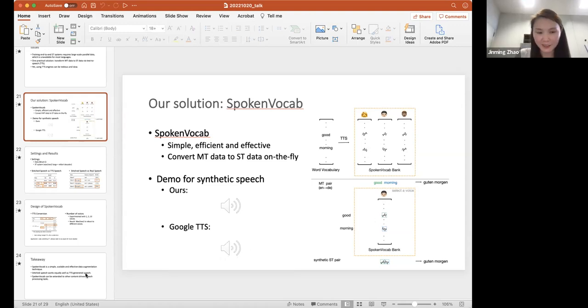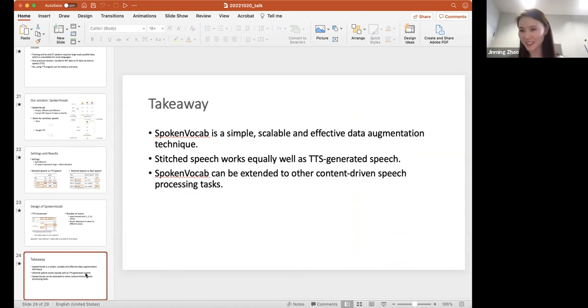I guess in that case, it depends on the language. If the source language is English, where the intonation may not matter that much as we can see from the results, there's a high chance that it will work well.